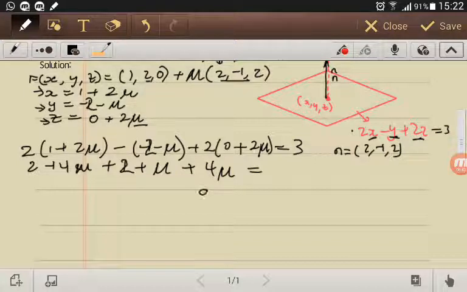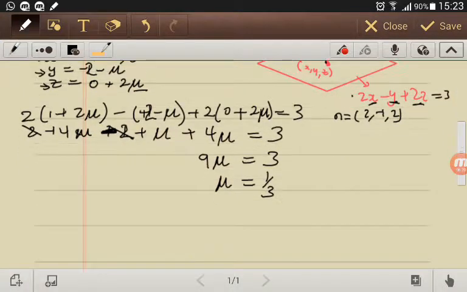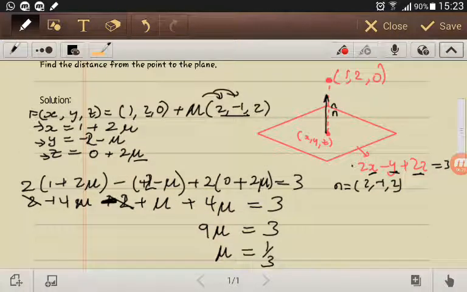So the mu terms give 9 mu equal to, this is a 3, this is a 2 and 2, take it to the other side, this is minus, and these will cancel out, and we'll be left only with 3 here. So mu is equal to 1 over 3. That's fine.